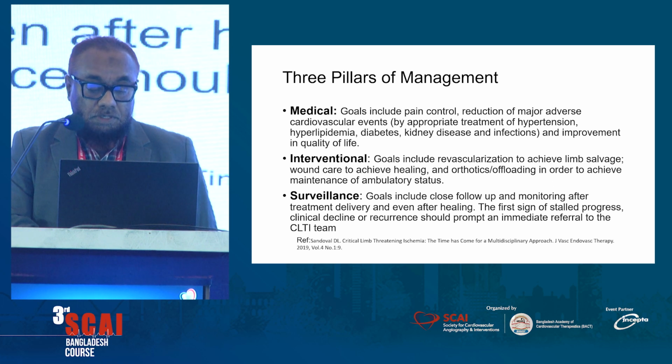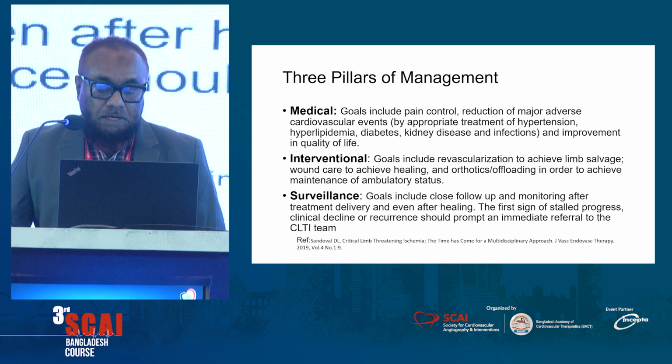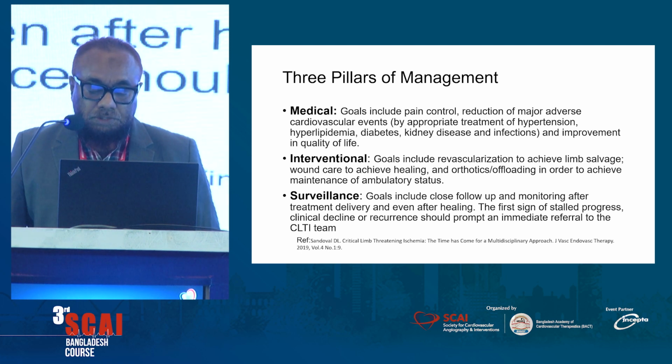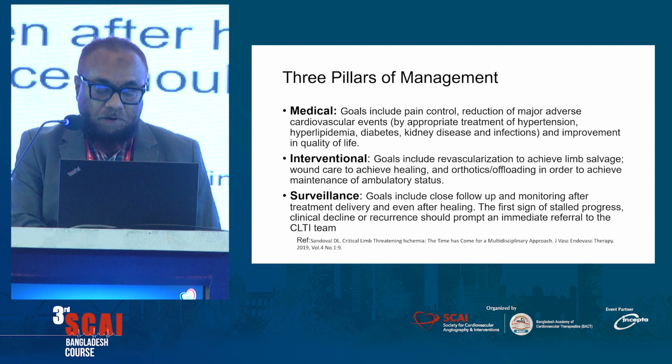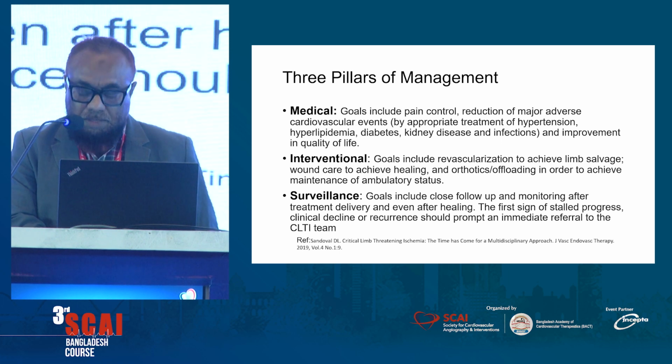And we need good surveillance. Goals include close follow-up and monitoring after treatment delivery, even after healing. The first sign of stalled progress, clinical decline, or recurrence should prompt an immediate referral to the critical limb ischemia team. Unfortunately, we do not have a critical limb ischemia team in all institutes. We need it.